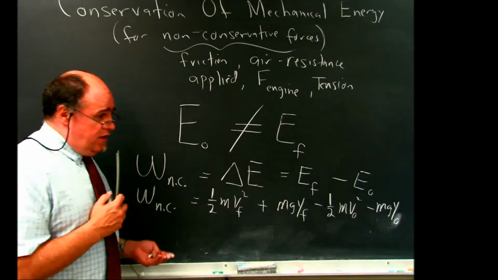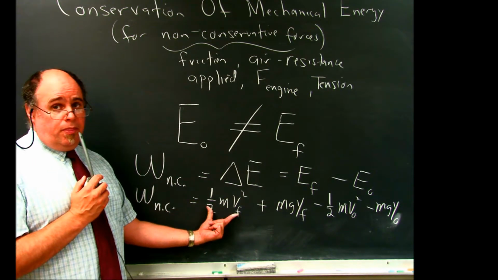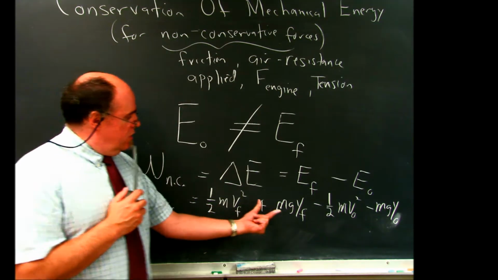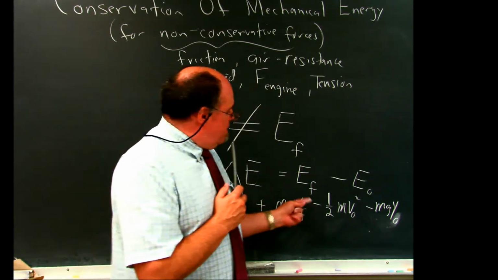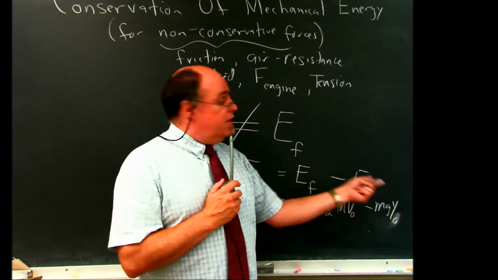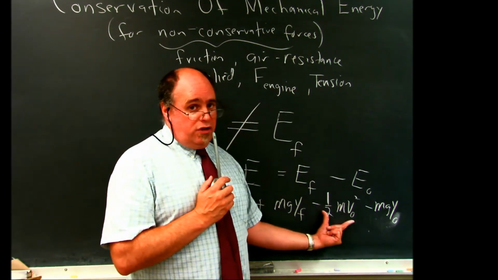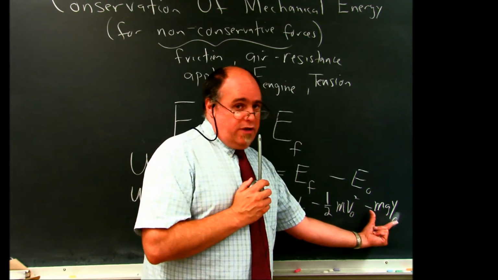So this is the idea here. The work non-conservative would equal the final kinetic energy, and here's the final gravitational potential energy. Then I subtract away all of the types of initial energy. I'm minusing away my initial kinetic energy, and I also have to minus away my initial gravitational potential energy.